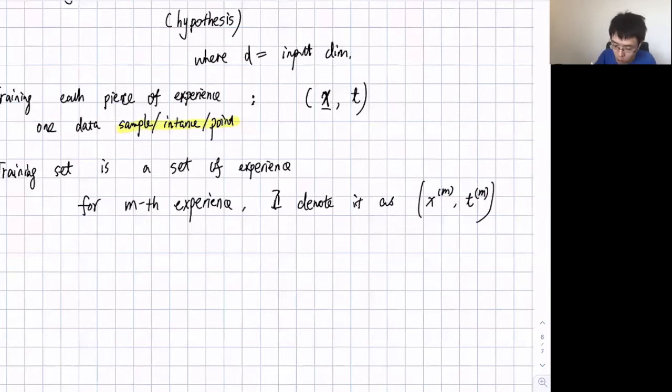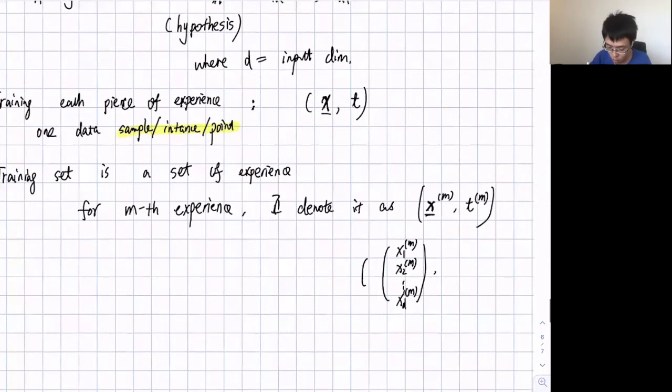So the X is input, and it's a vector. By saying vector, we usually mean it's a column vector. So you think of it as X1^m, X2^m, up to XD^m. If you think of every vector as a column vector, then you will not get confused about the dimension in vector-matrix multiplication. So every vector is a column vector by our convention.